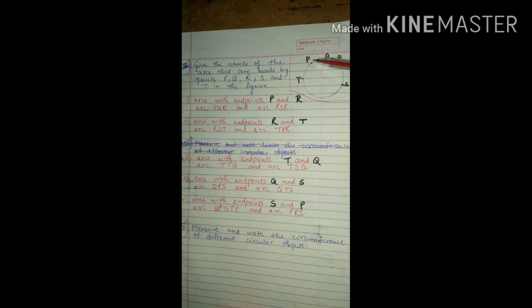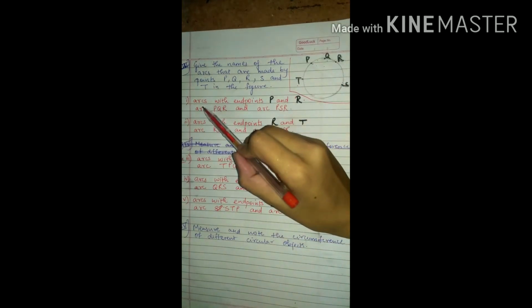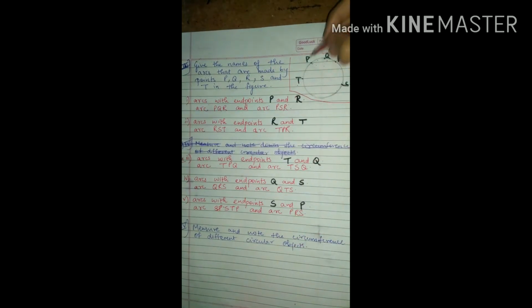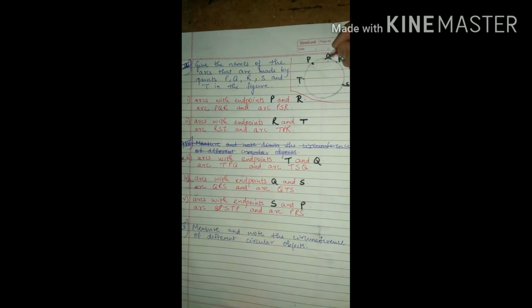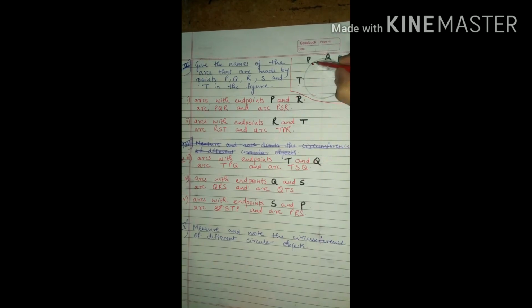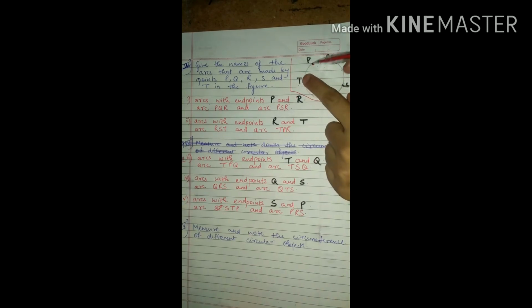So first we will decide the end points. With the end points only we can write the arcs. So first we will take some end points, and with those end points we will write the arcs. For example, I have taken arc with the end points P and R. So how many arcs are formed?